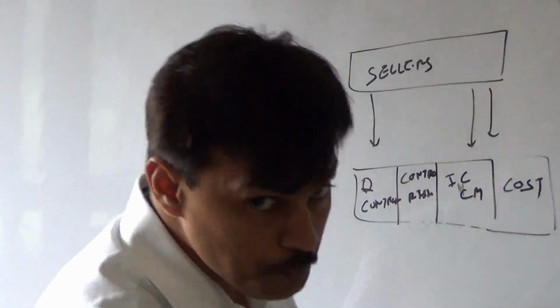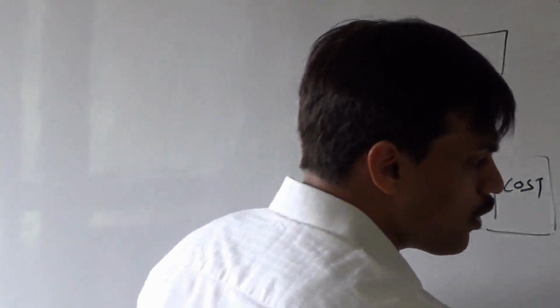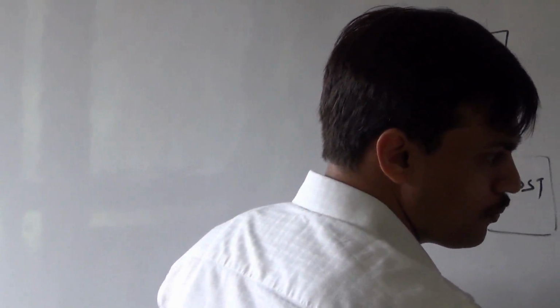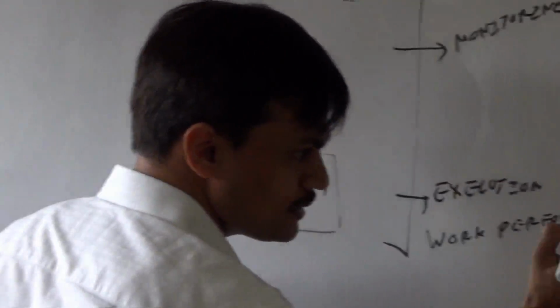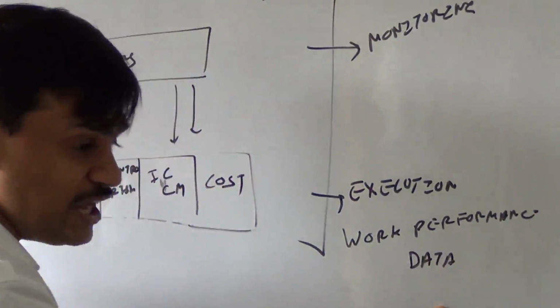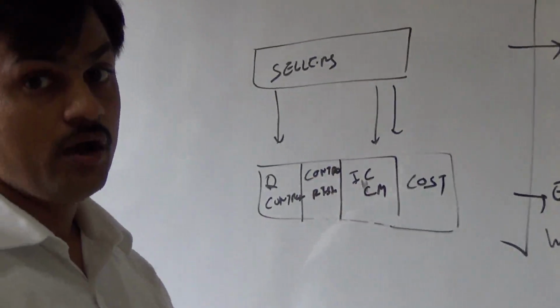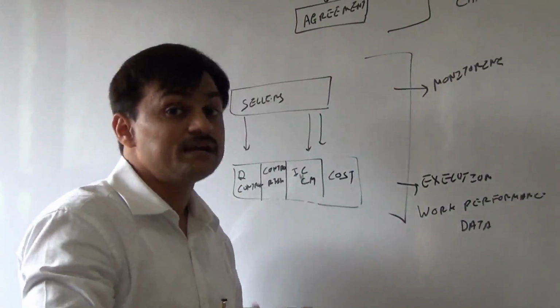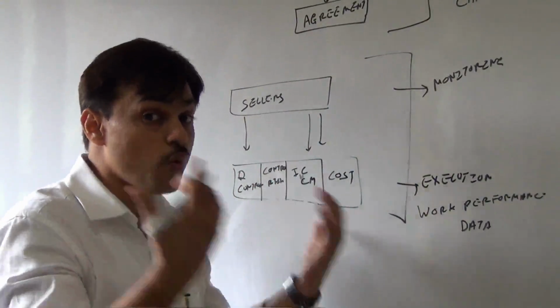As an output of it, you get work performance data, which is telling you what is getting done, what is pending. So that is the information coming from direct and manage project work.